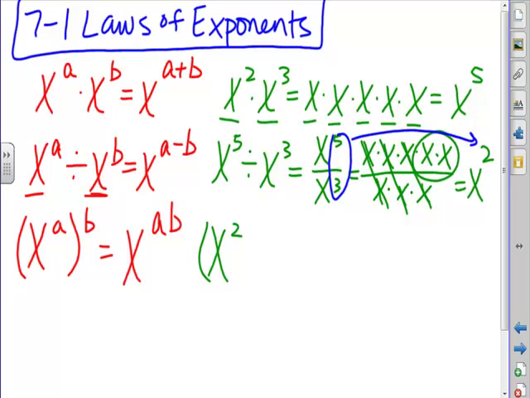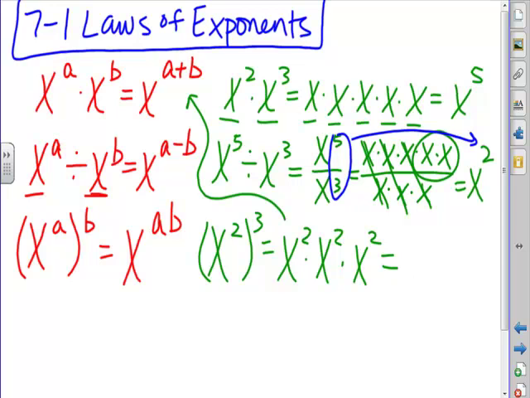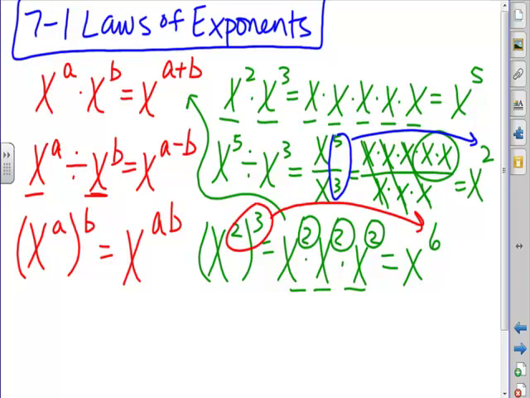X squared to the 3rd power really is the same as x squared times x squared times x squared. And if you go back to our rule up here, when we multiply powers of the same base, we just add our exponents. So 2 plus 2 plus 2 is 6, which is the same as taking 2 times 3, which is quicker. So 2 times 3 gets you to 6.